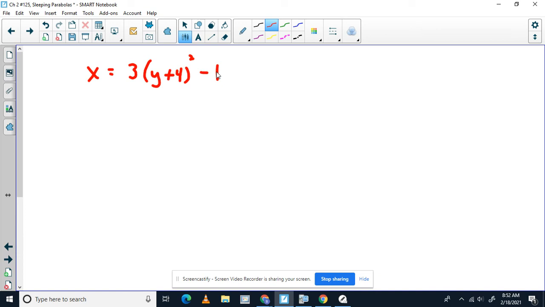All right, so just like when we had a regular parabola, I'm going to pick out where the vertex is located. So the vertex, the x values here on the outside, so negative 1. The y values here on the inside, since it's y plus 4, we do the opposite, so negative 4. So that's where the vertex is located. I'm going to try to decide, does it open to the left or right?